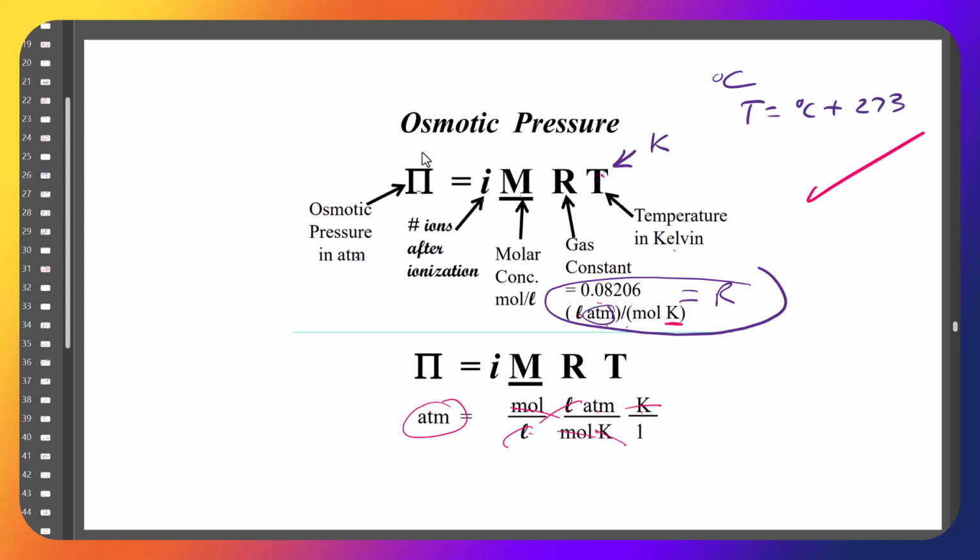We have atmospheres here, so the pressure that you compute must be in atmospheres. i has no units. What we have left is liters over moles. To cancel that out, capital M must be moles per liter, the molar concentration. So if you don't remember that capital M means molar concentration in moles per liter, you can look at the units for R that I've given you. Here I've shown how they actually cancel out. Everything cancels out except for atmosphere. So we're computing osmotic pressure in atmospheres.